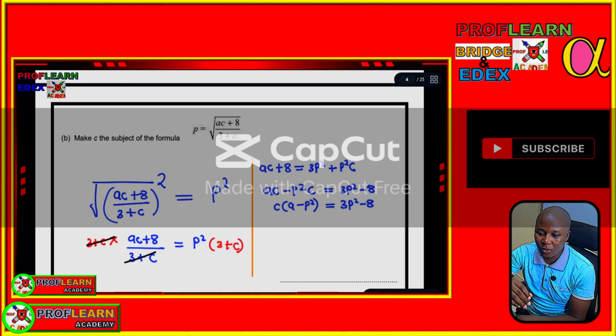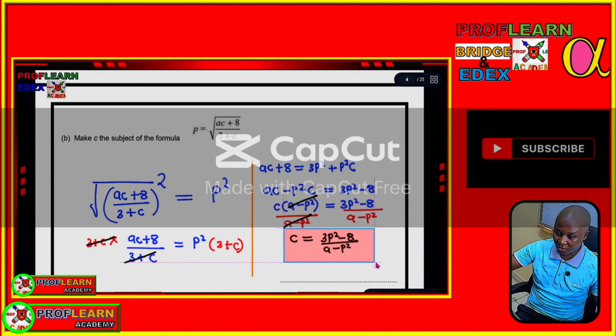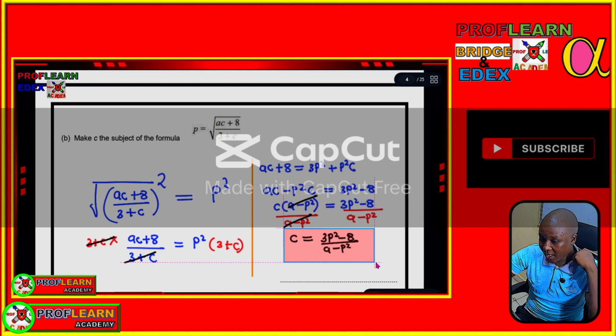So we are going to divide both sides by a minus p squared, so that we remain with c on one side. This cancelling out, we shall have our final answer as c is equals to 3p squared minus 8 over a minus p squared. So by so doing, we have made c the subject of the formula.